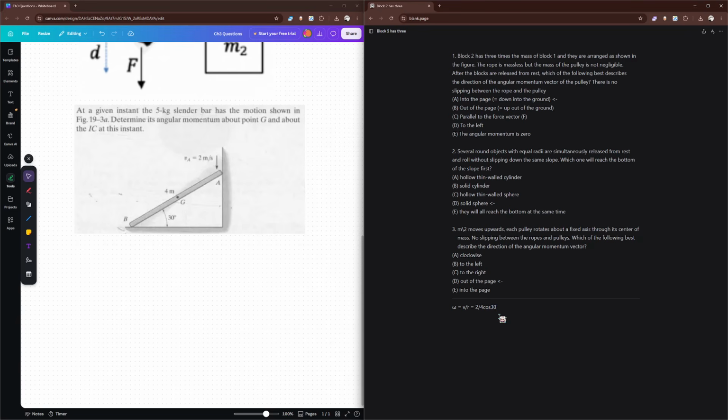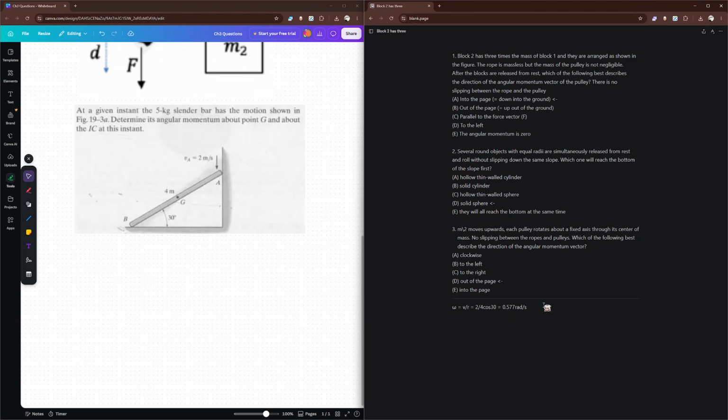Theta is 30, right? So 2 over 4 is a half, and then cosine 30 is root 3 over 2. So it's root 3 over 4, or it's not root 3 over 4, sorry. It's root 3 over 3, not root 3 over 4.